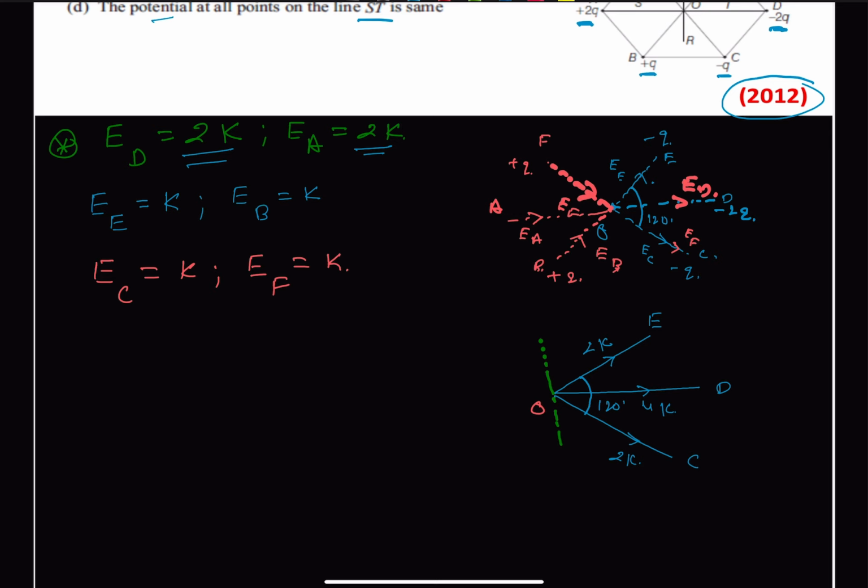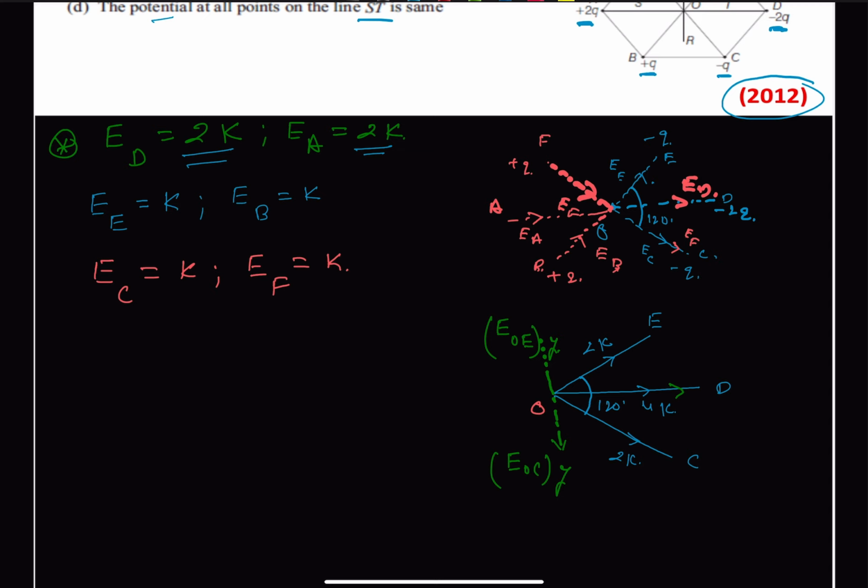Let us call this the electric field due to OE, and this is its Y component, and this is the electric field of OC, and this is its Y component.